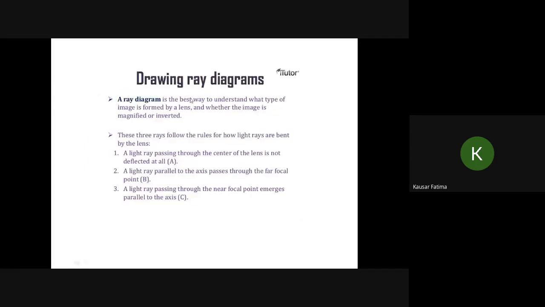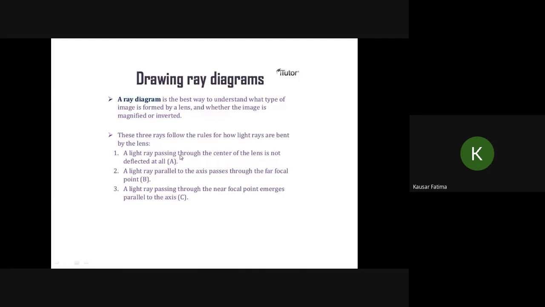How to draw the ray diagram? A ray diagram is the best way to understand the type of image that is formed by a lens, whether the image is real, virtual, magnified, or diminished, upright or inverted. These are the rules which are to be followed in all ray diagrams.